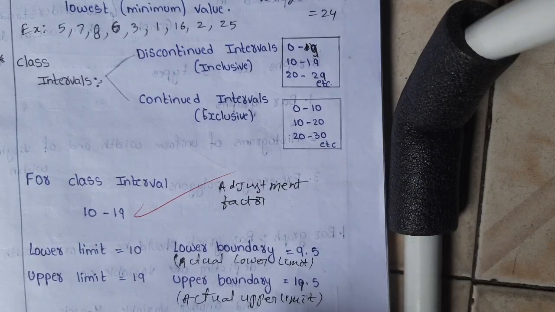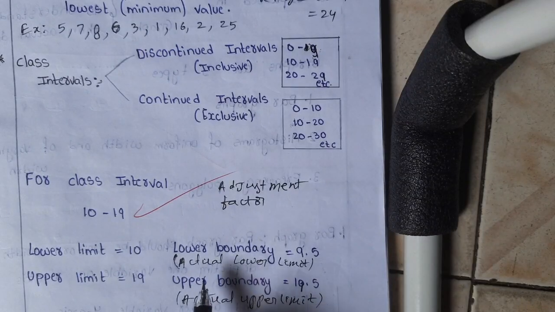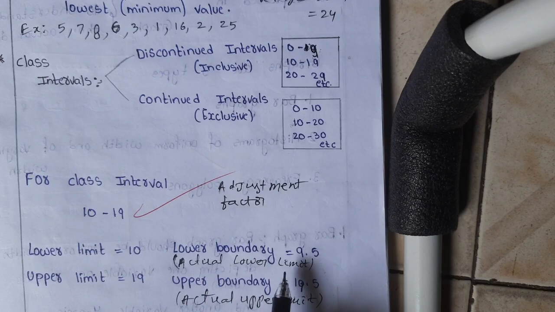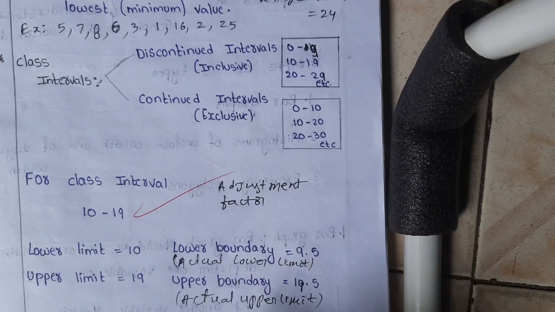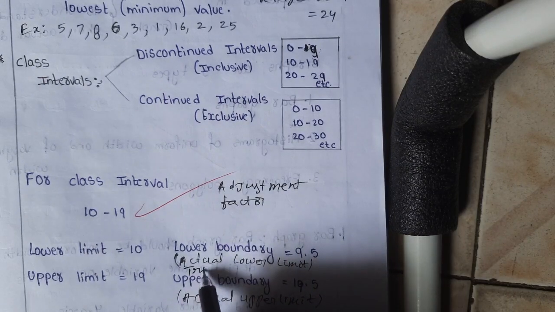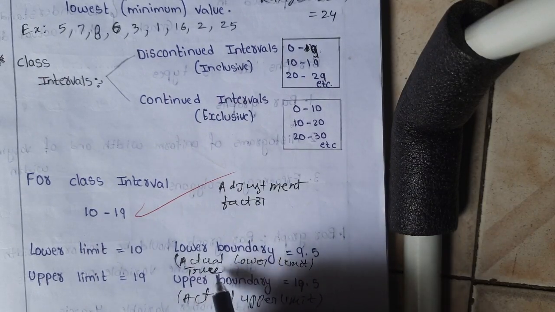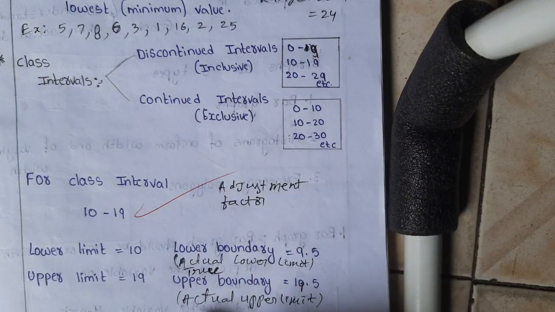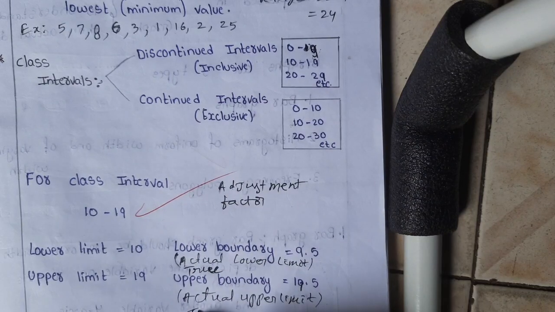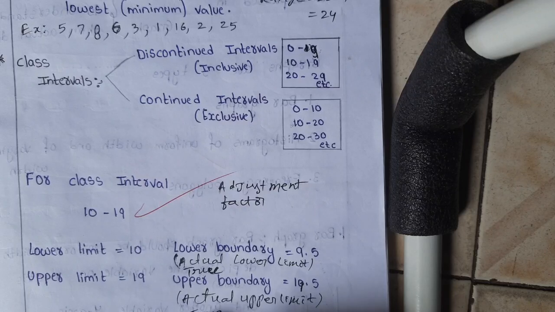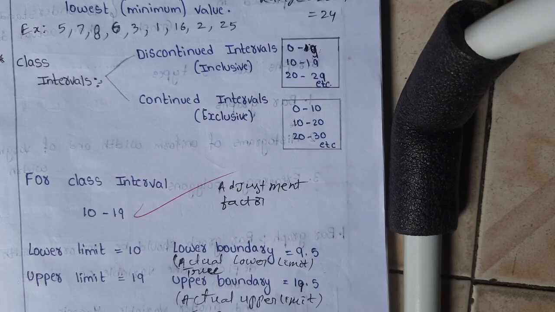Of course another name is also there, that is true lower limit. In place of actual you can write true lower limit also. Actual or true. Downside, here also true upper limit you can write. Actual upper limit or true upper limit.